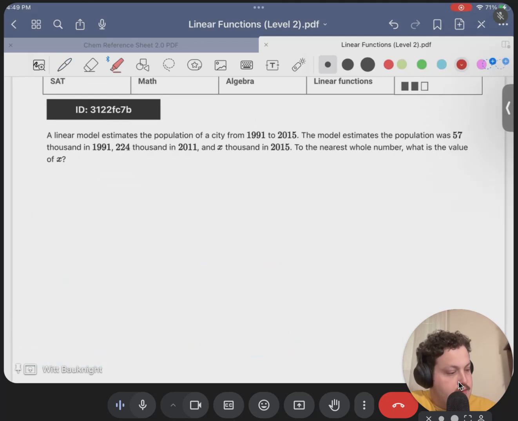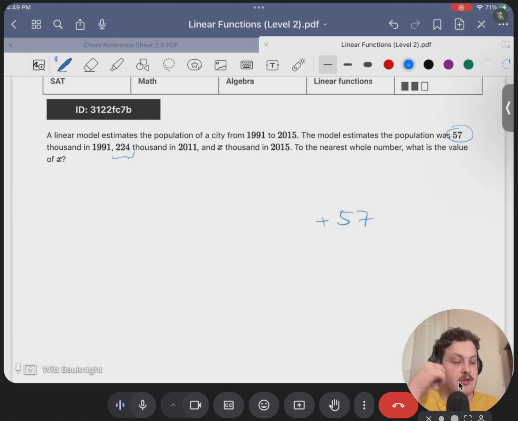Linear models estimate the population from then to then. The model estimates the population was... It started off as 57,000, and then 224,000 in 2011, and X thousand in that year. The nearest whole value was X. Okay, let's first figure out the slope.